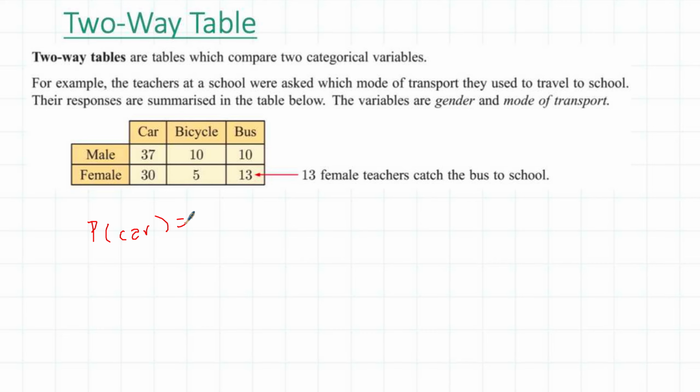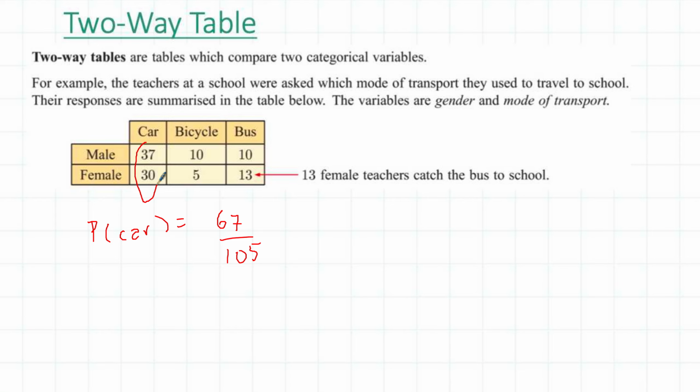So I know in total, there are 37 male and 30 female without specifying the gender. So just car basically is 67. And then in total, I have 105 people that I surveyed. So the probability of someone traveling by car is 67 out of 105.